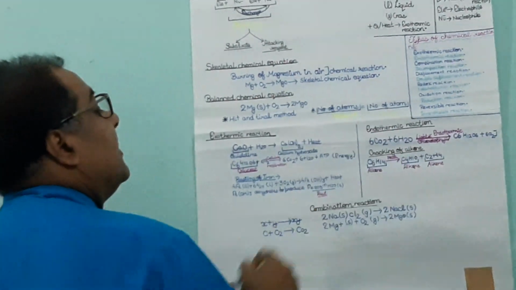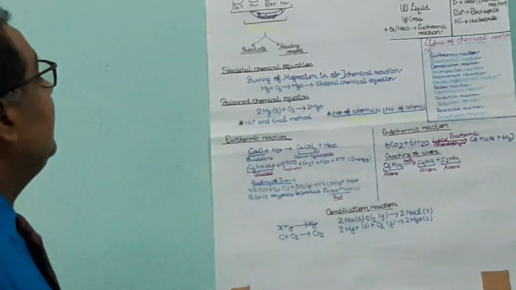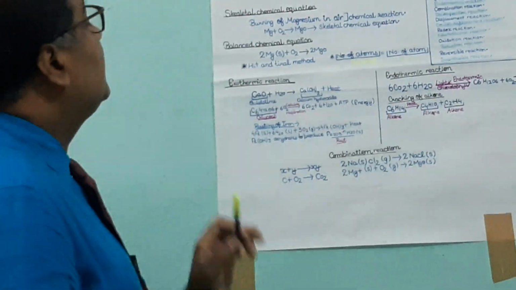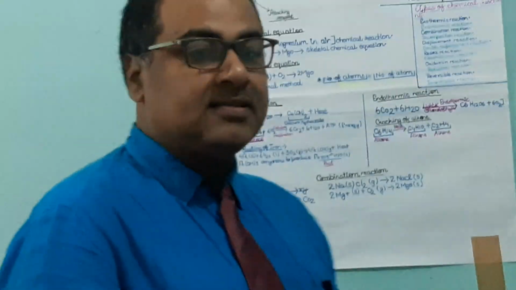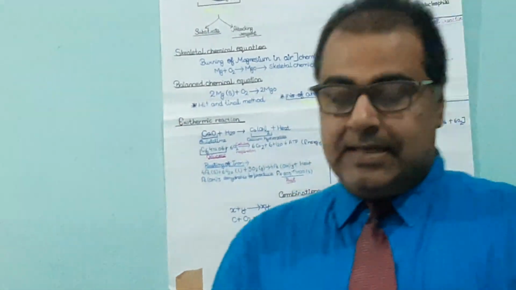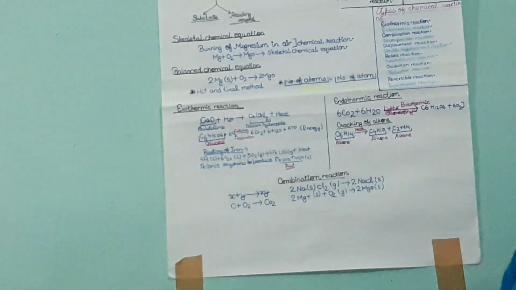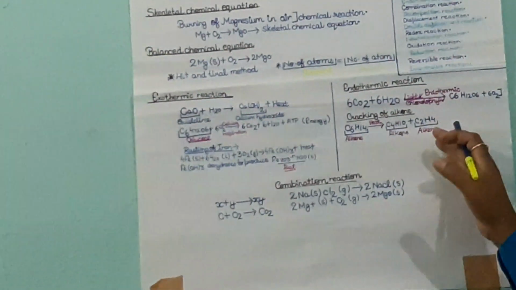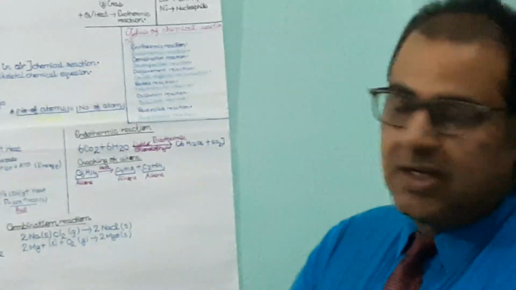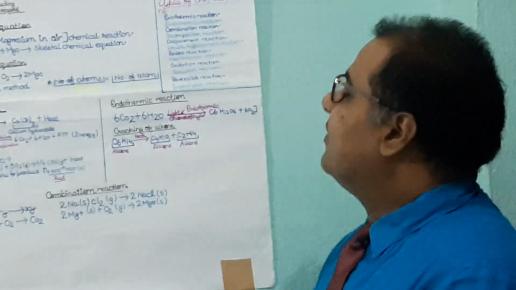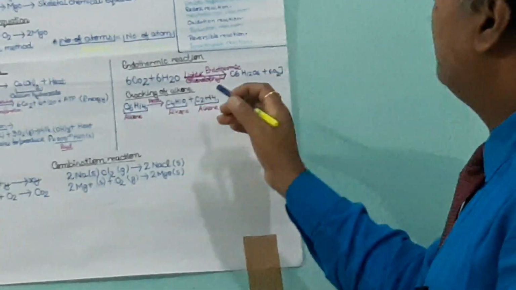Then the next reaction is endothermic. Endothermic means in this type of chemical reaction, heat is absorbed, and after heat absorption it produces main products and byproducts. A typical example of an endothermic reaction is the process of photosynthesis.